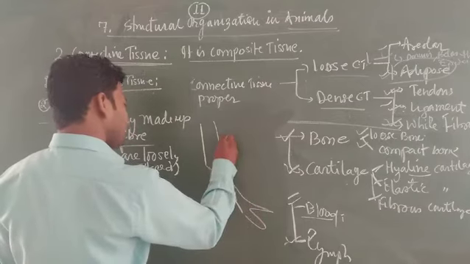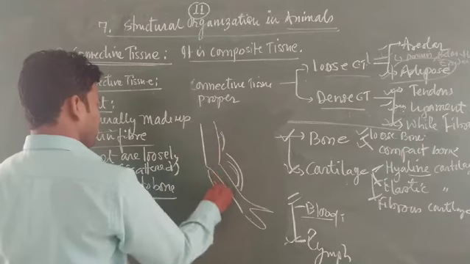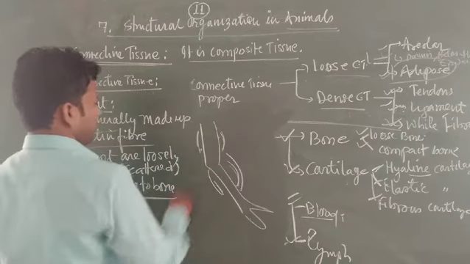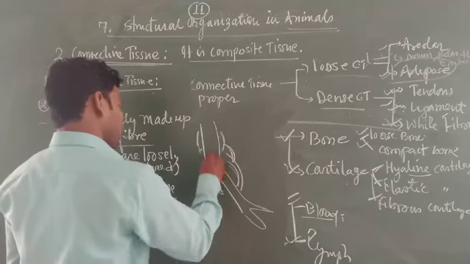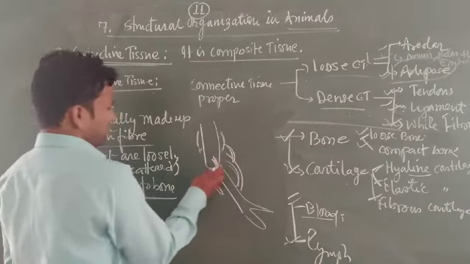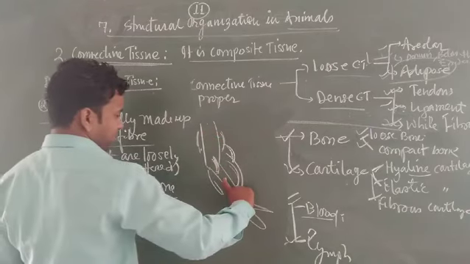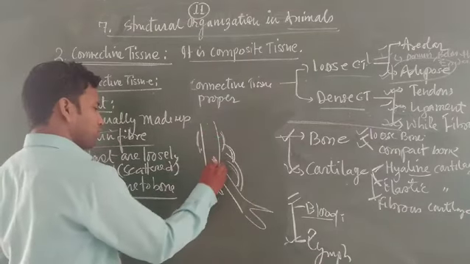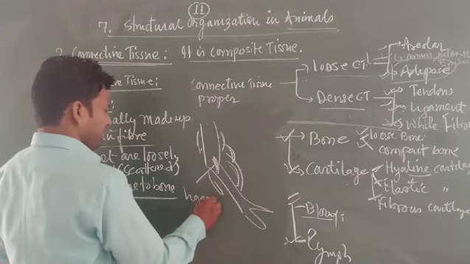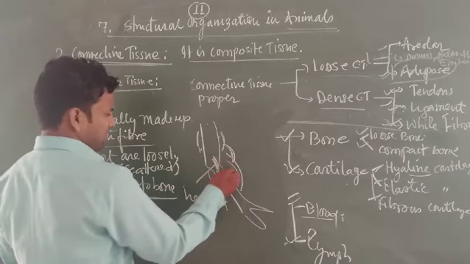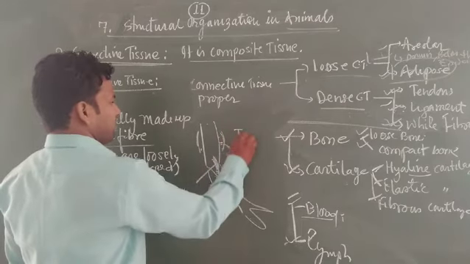The muscles are present around the hand, this is a muscle, and this is the ligament. Suppose this is one bone of the hand, this is another bone, and bone to bone is attached with the help of ligament, and the muscles that are attached with bone are called tendon.